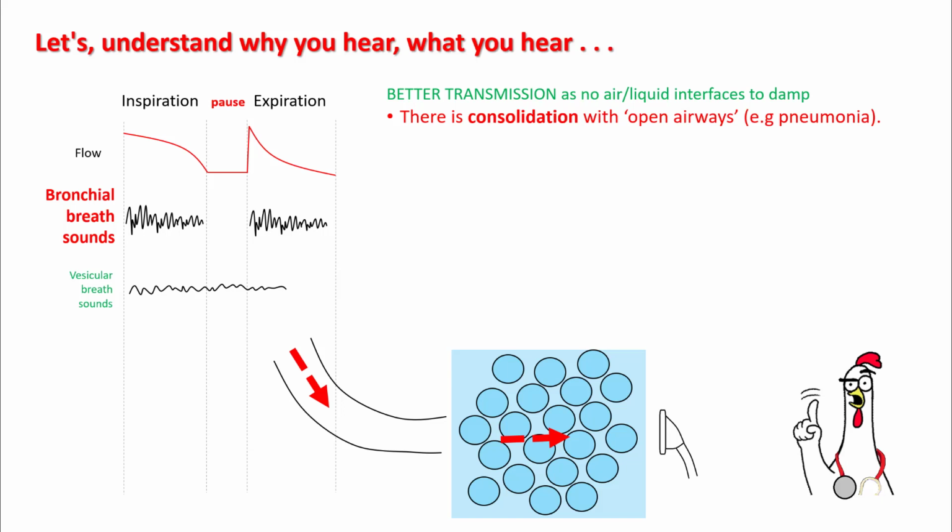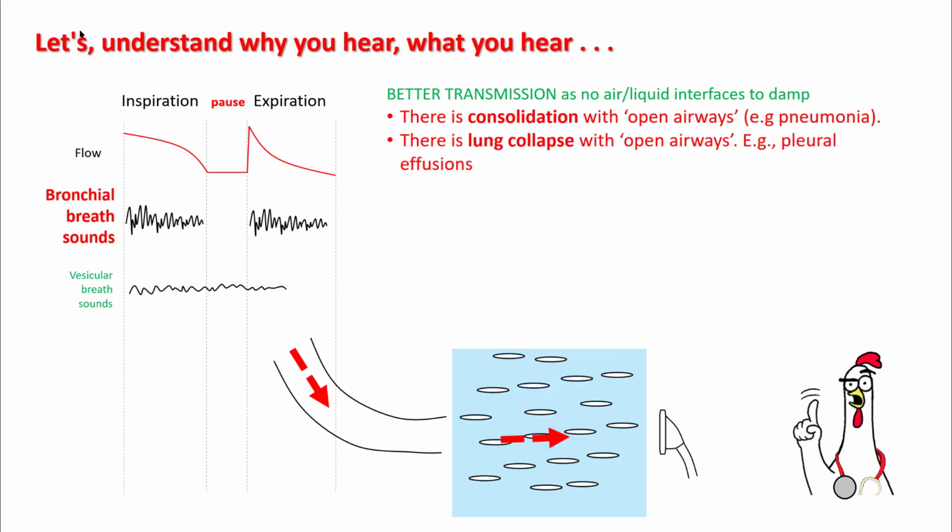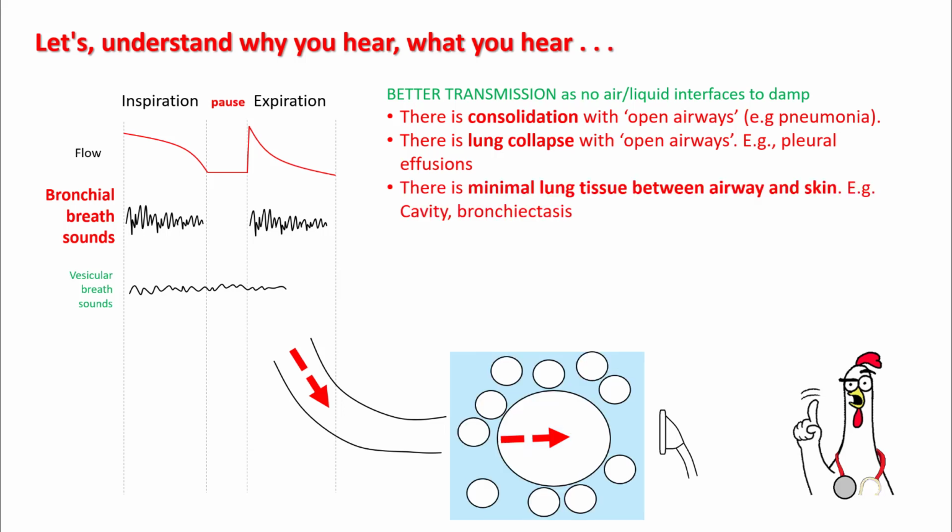For example, a consolidated lung with open airways, such as pneumonia, will result in bronchial breath sounds. Similarly, if you have lung collapse with open airways, such as happens in pleural effusion, you should be able to hear the bronchial breath sounds at the apex of pleural effusion, where the lung is collapsed.